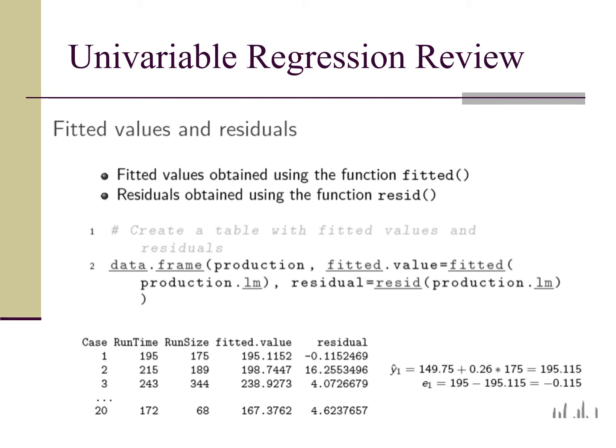And we can make a new table here, just by saying data.frame production, the original data table, and giving it new columns. So fitted.value equal to the fitted values from the production.lm model, and a column called residual, which is set to the residuals associated with all the cases in production.lm.